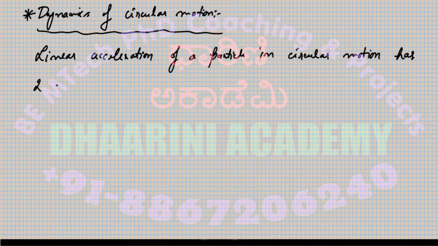Two components. What are the two components? They are the tangential component and the radial component.